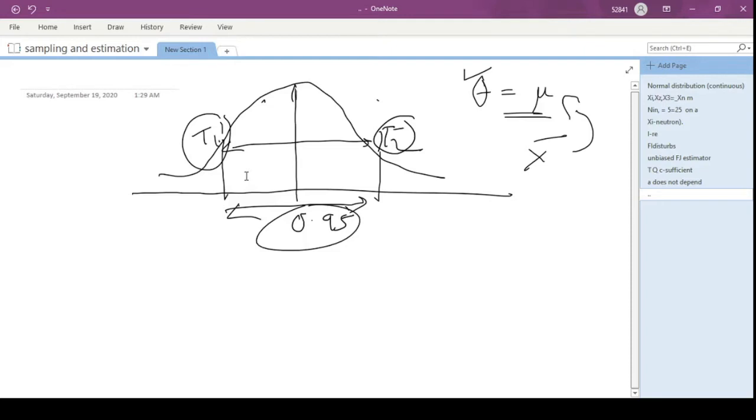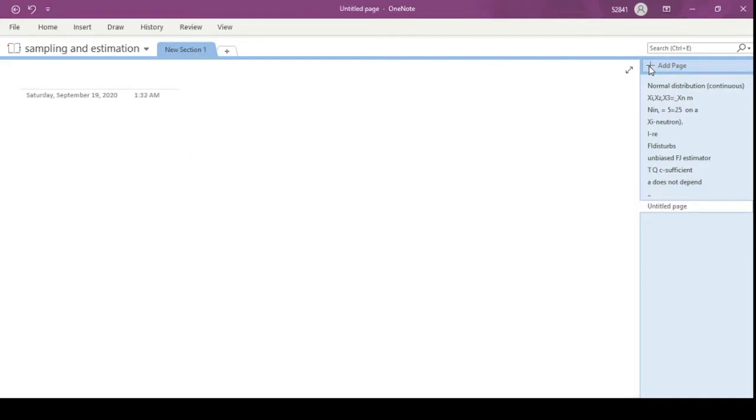As of now our target is to estimate the confidence interval, starting with the normal distribution. We will see the confidence interval for population mean, for population proportion, and for population variance.